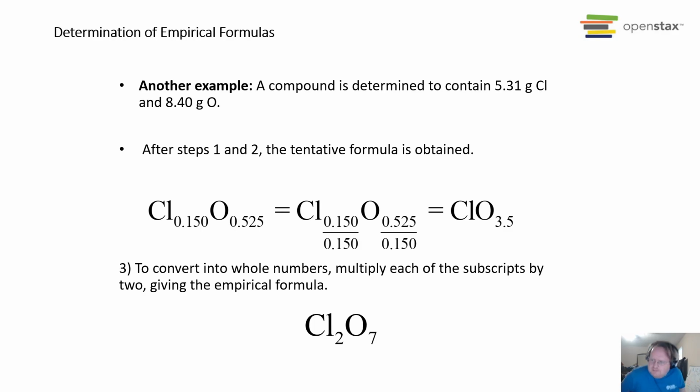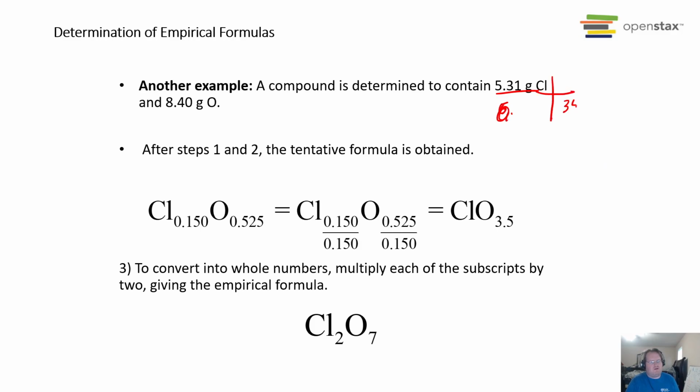Here's a second example given from your text. Let's take a compound that contains 5.31 grams of chlorine and 8.40 grams of oxygen. What you'll notice is we are already in grams, so you've got to divide this into moles. So 5.31, I put my number in the wrong place.